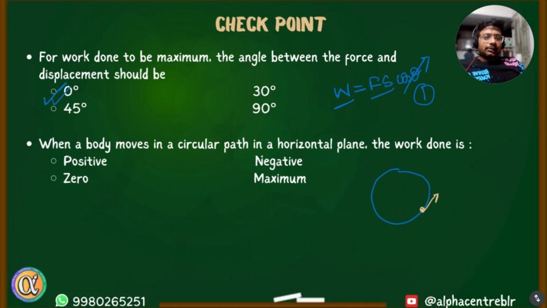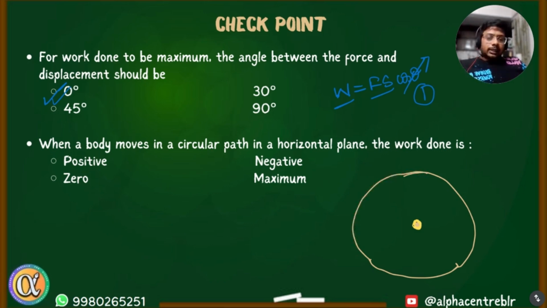What Khushi said here is that when it's moving in a circular path, displacement is 0, so work done is 0. But did this question ever say that the starting and the ending point are the same? The body moving in a circular path can start from A and be at B during the journey.